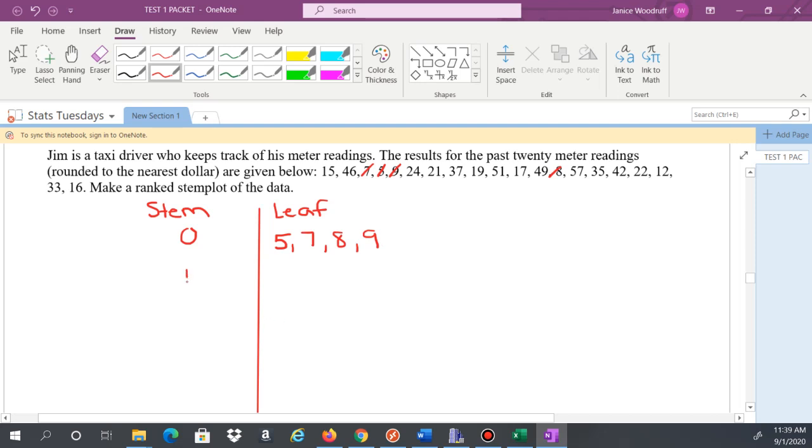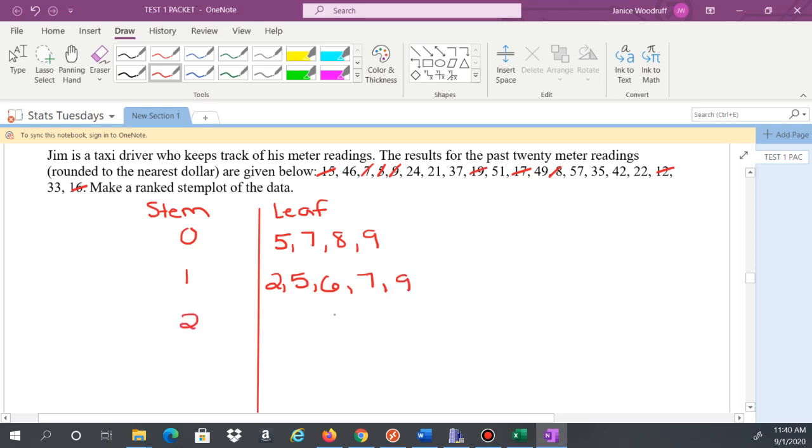Okay, then you've got stems in the tens. So in the tens, let's see, I've got 15, 19, 17, 12. So I'd start with the 12. So 1, 2, then 1, 5, then 1, did I have a 1, 6? Oh yeah, down here. 1, 6, 1, 7, and 1, 9.